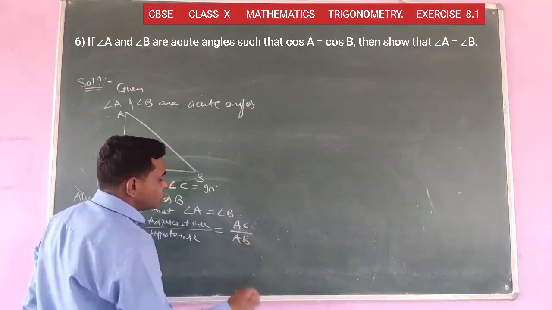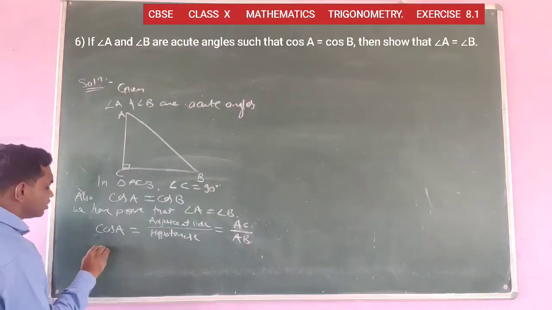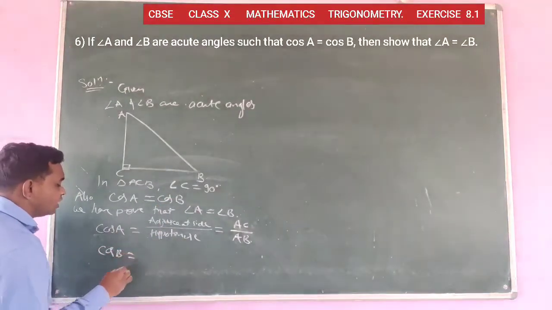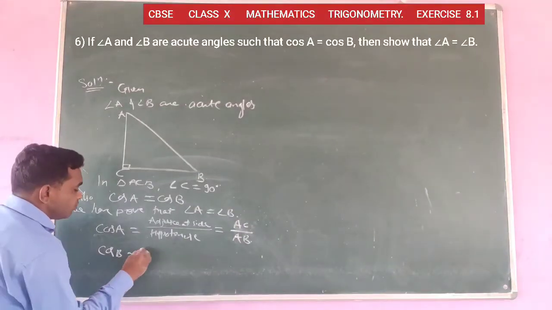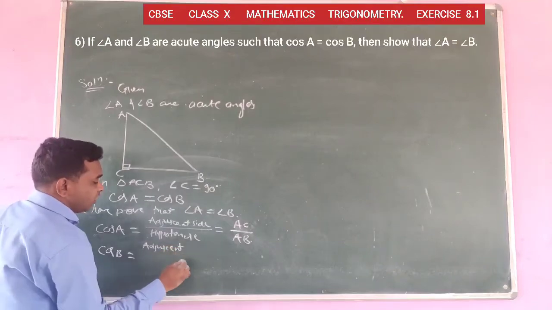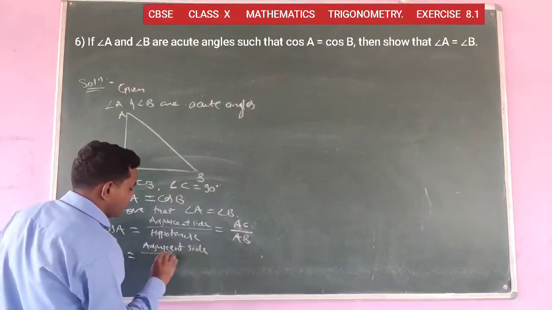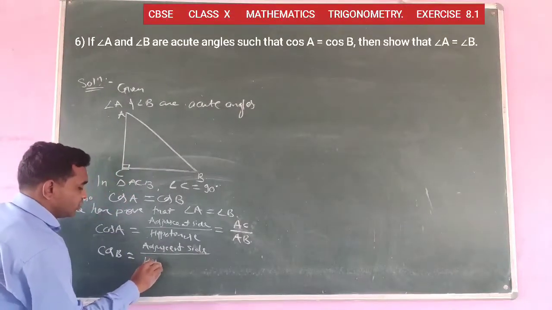And if we consider the value of cos B, again the same formula for cos, adjacent side upon hypotenuse.